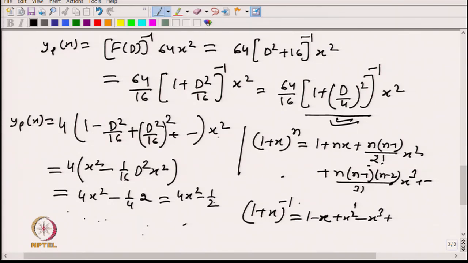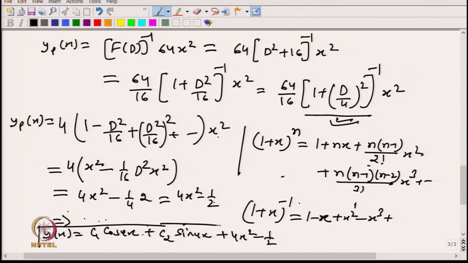So, once I get 4x square minus half, from here I can solve my equation: y(x) is equal to c1 cos 4x plus c2 sin 4x, and then this solution y, 4x square minus half. So, that is the solution of the equation when the right hand side function is 64x square.